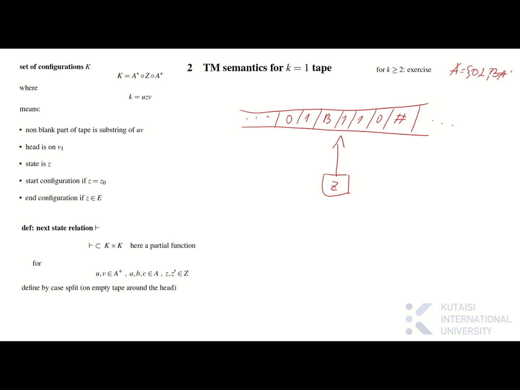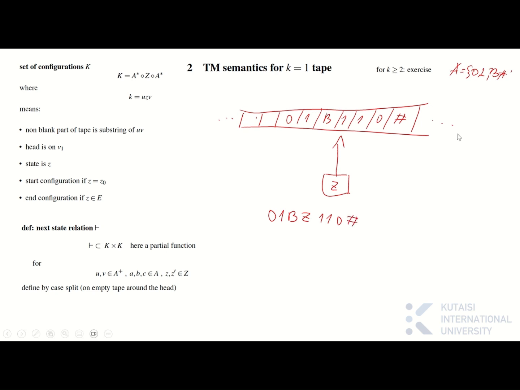So the configuration basically describes the status at hand. Let's say these things are empty, completely empty, not even blanks. So the configuration in this case is 0, 1, B, Z, 1, 1, 0, hashtag, and then completely empty.